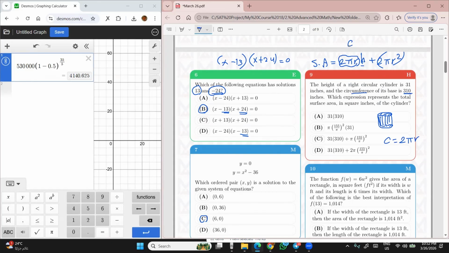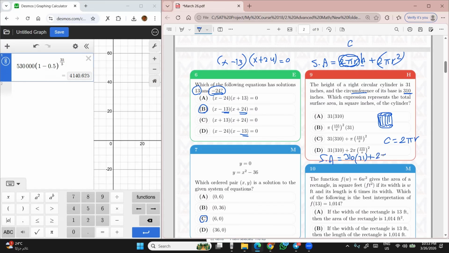So we can replace this C or this 2 pi r by the number 310. So we can write the surface area is equal to 2 pi r. This part is called the circumference. We can replace it by 310. And then h is equal to 31, the height, plus 2 pi r squared.